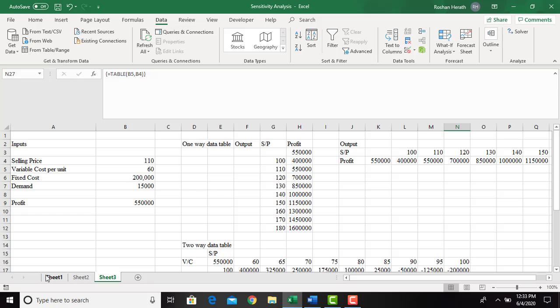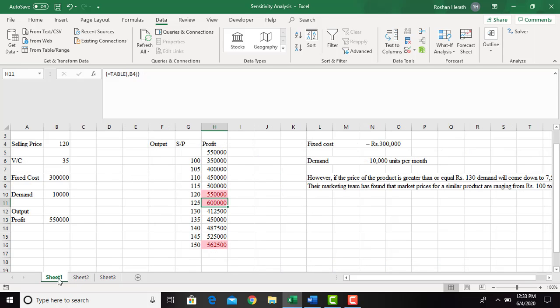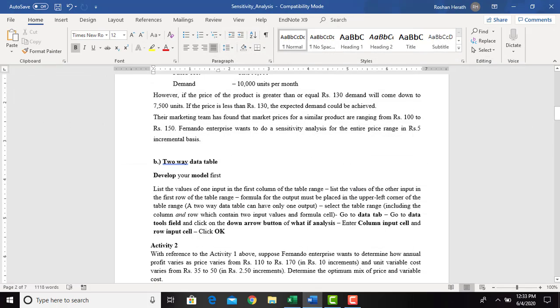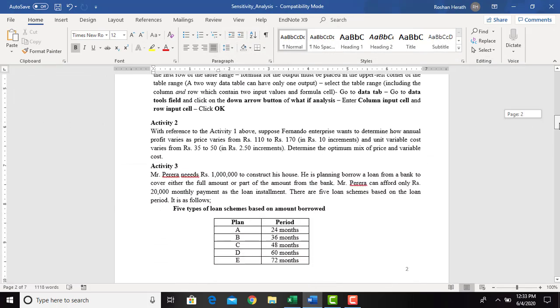Now let's take it through an example and let's figure this out. Let's move to the activity 2.